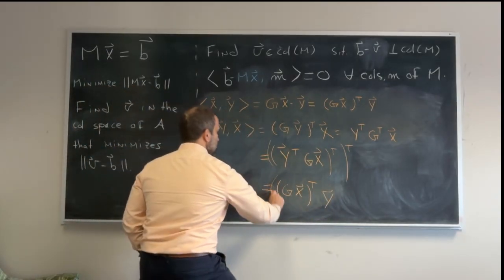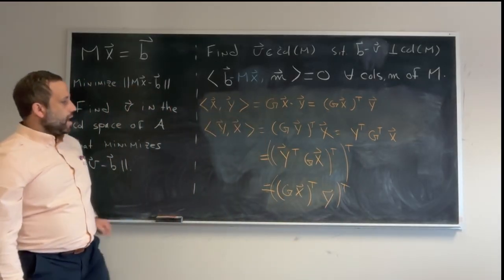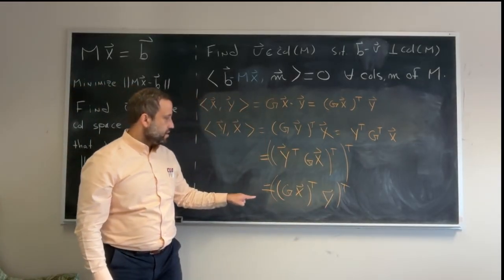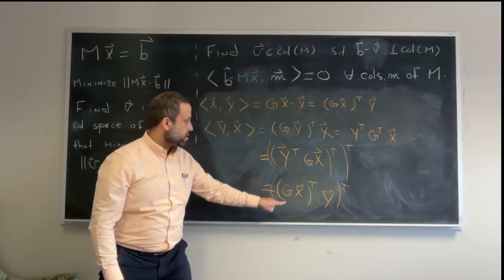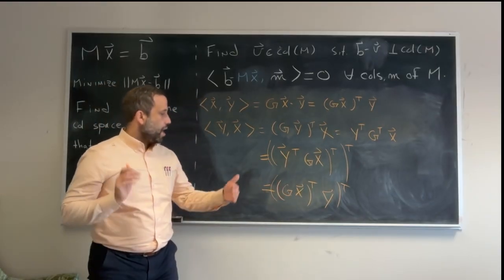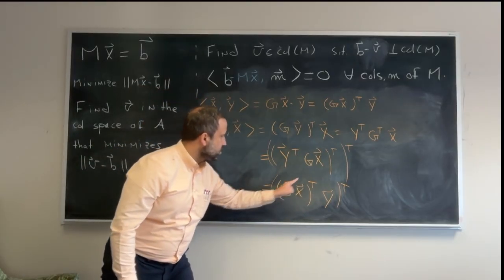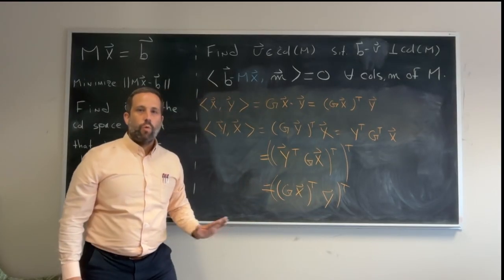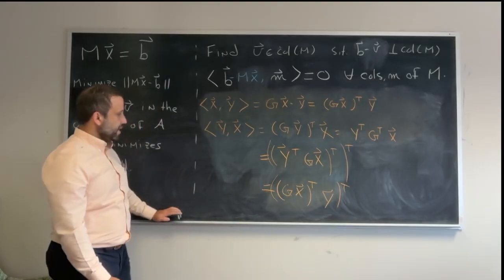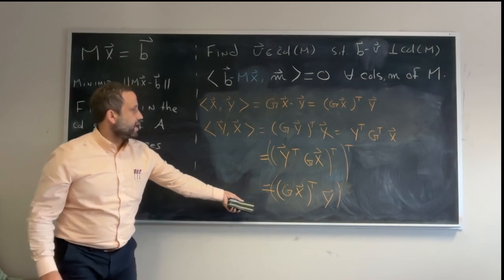And then we have the transpose around that. Okay, but this is a scalar, (Gx) transpose times y. (Gx) transpose is going to be a 1 by n matrix. This is an n by 1 matrix. So when we do this inside the parentheses, we're going to get a 1 by 1 matrix. And so when we take the transpose of that, we just get itself. And so that's exactly equal to x.